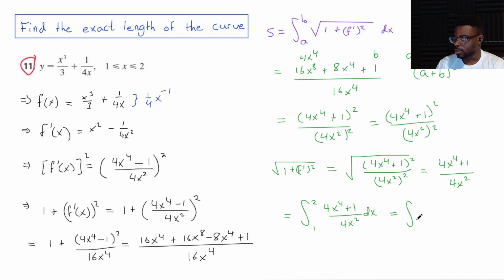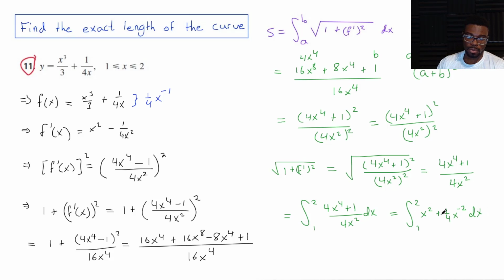And we can write this integral as the integral from 1 to 2. Now 4x to the power of 4 divided by 4x squared is just x squared. And then 1 divided by 4x squared is just 1/4 of x to the negative 2.